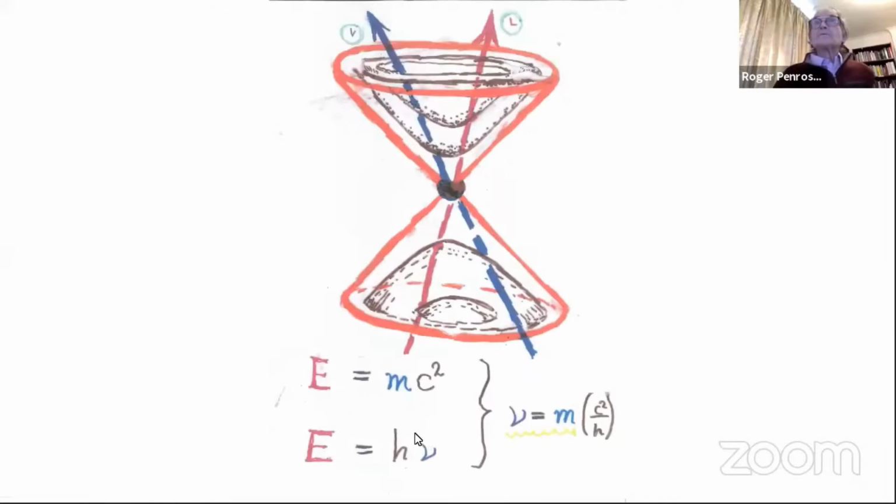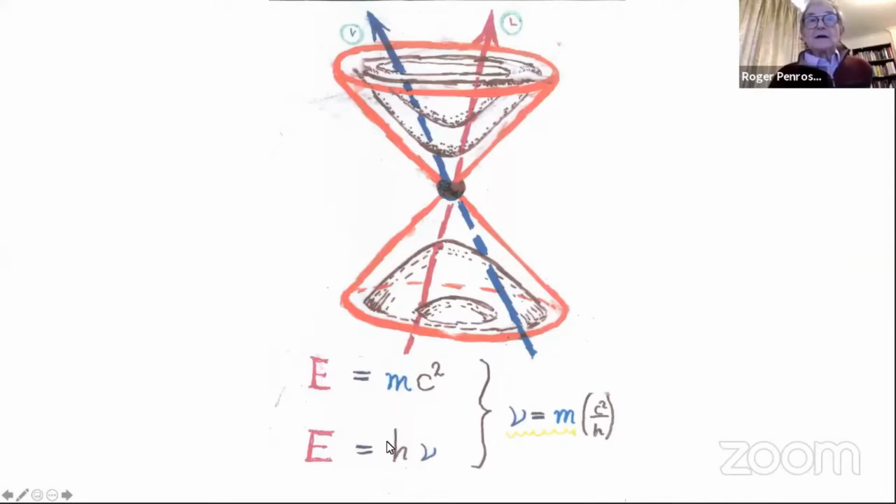What are the surfaces? Sorry, is that all right? We have 2 particles going through this origin point at different speeds, a great relative speed, near the speed of light, but not quite. As these 2 particles intersect these surfaces, let's suppose they're identical particles, then these surfaces represent the ticks of the clocks. I'm just using the 2 most famous formulae of 20th century physics: E equals mc squared, of course, and E equals h nu, Max Planck's formula.